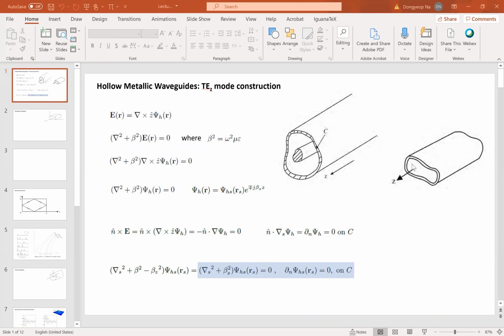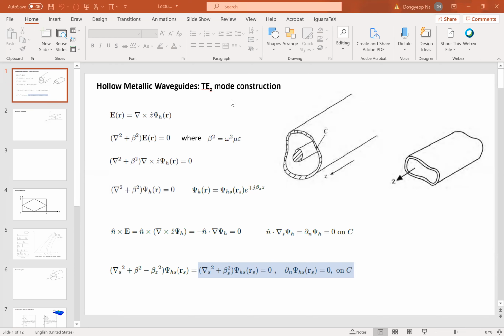On the other hand, this right figure, describing hollow metallic waveguide, has just one metallic wall. This waveguide cannot support TEM waves. Instead, it can support TE, transverse electric, or TM, transverse magnetic mode.